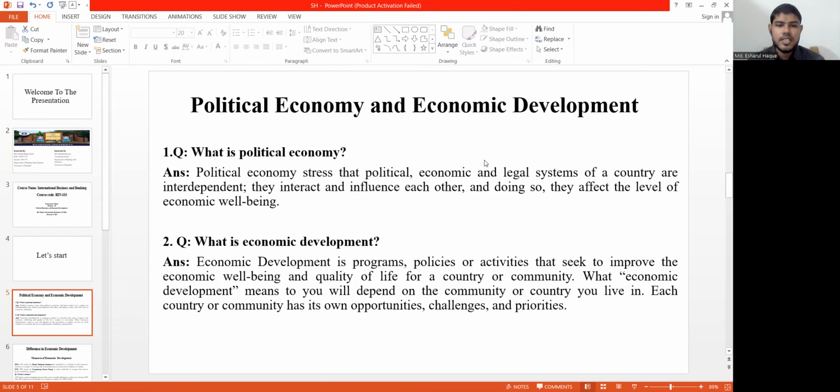Political economy is very important for economic development, because if the political government or political economy situation is not good, the political development is the backbone of the country. The political economy is very helpful and useful for overall development. Without political development, economic development is impossible.